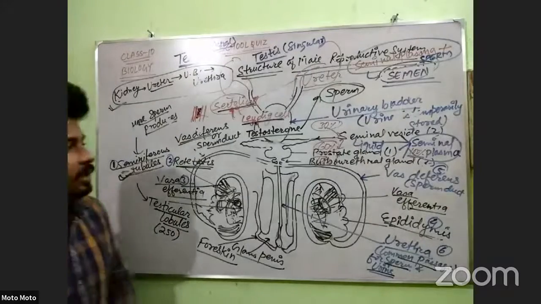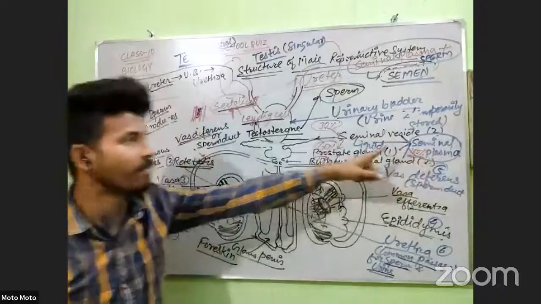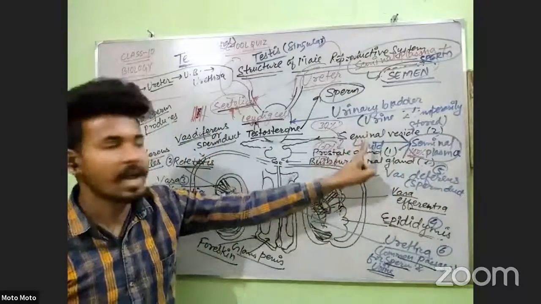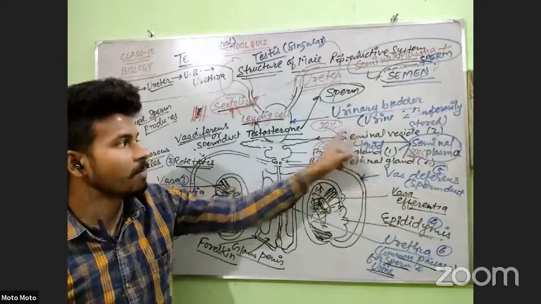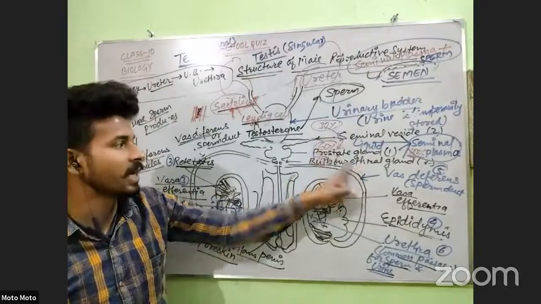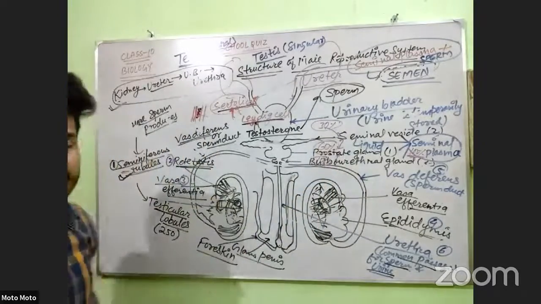Seminal plasma having 100% content is secreted by 3 glands: seminal vesicle 30%, prostate gland 60%, and bulbourethral gland 10%. Is it clear?